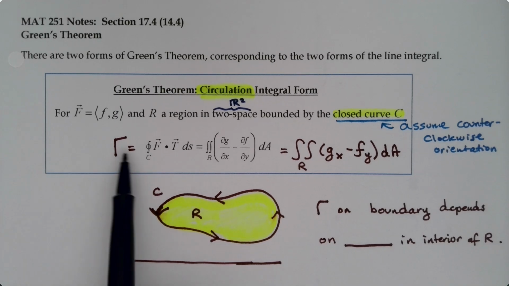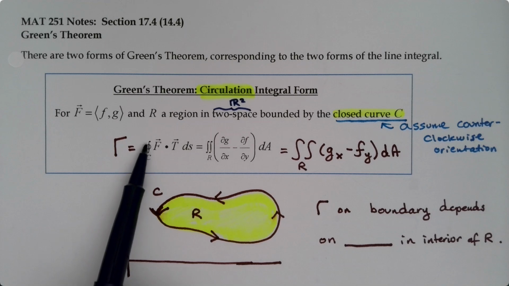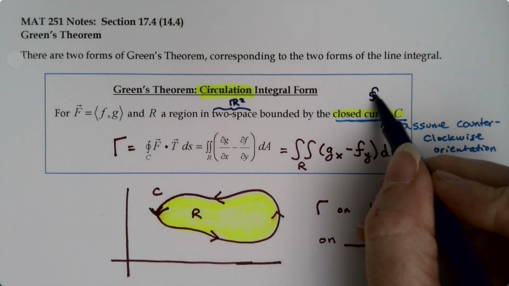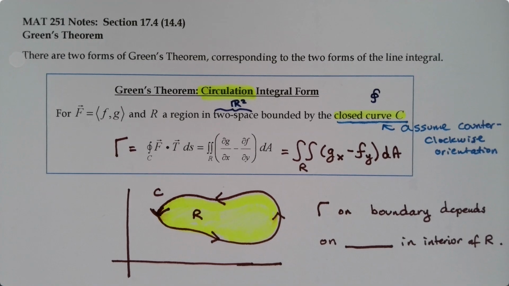Okay, if that's the case, then the circulation is equal to, and this symbol here on your integral lets you know that the curve C is a closed curve. By putting the circle on top of the integral sign like that, it lets you know that this is closed. So that's what that means when you see that on the integral.